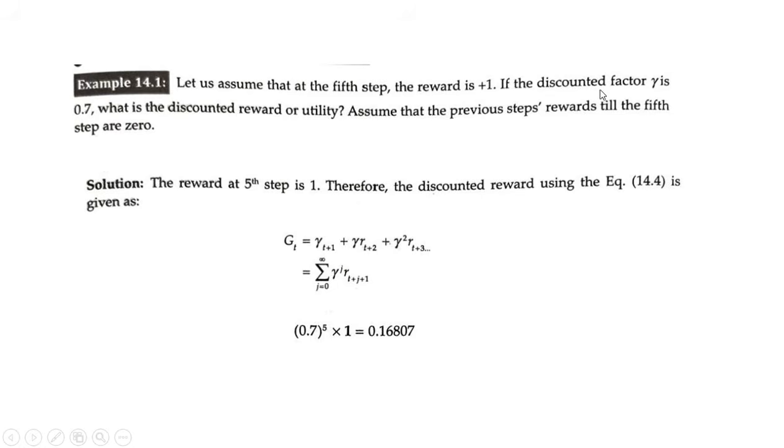They have given the discount factor in the question as gamma equal to 0.7. I am collecting the rewards up to the fifth step, so take it to the power of 5 into 1, where 1 is nothing but this R. So gamma is 0.7 to the power of 5 because you are doing it at the fifth step, and R is 1. So the answer in this case is 0.16807.